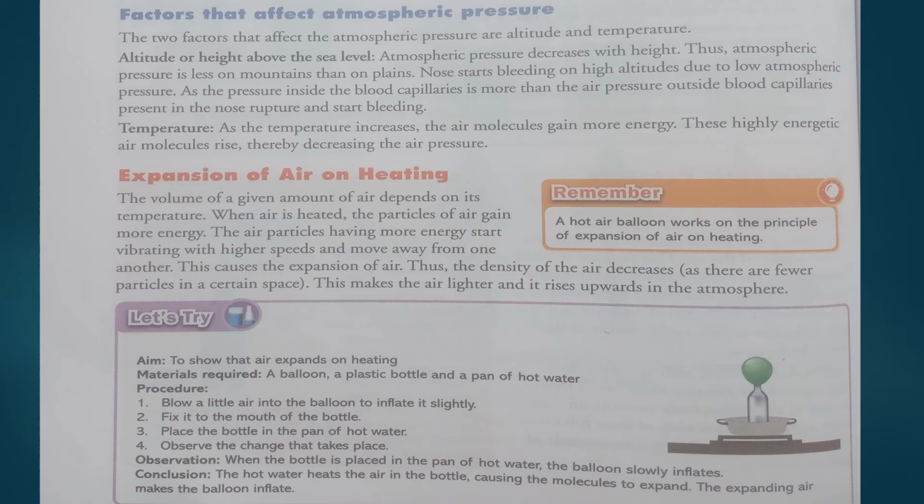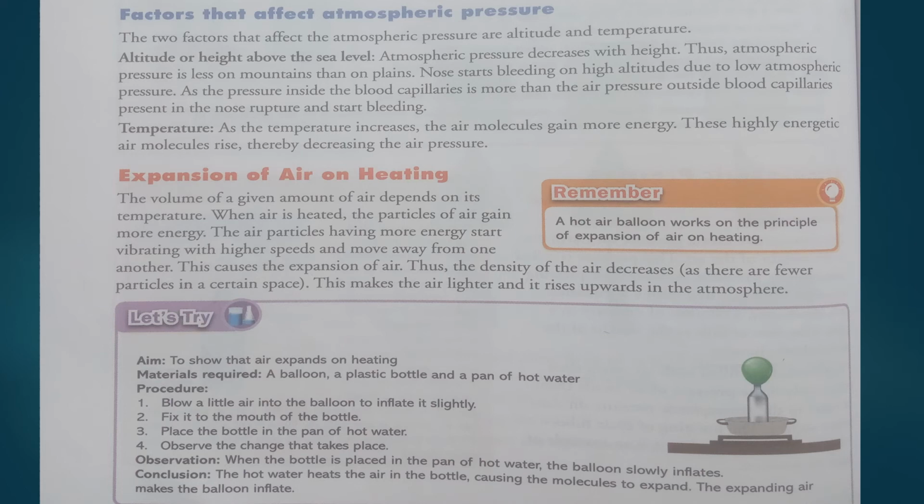You have also read that whenever climbers climb a mountain, sometimes their nose starts bleeding. It is only because at higher altitude the atmospheric pressure is less compared to our body's inside pressure. Means inside the blood capillaries the pressure is high and outside the blood capillary pressure is low. As a result, the nose starts bleeding.